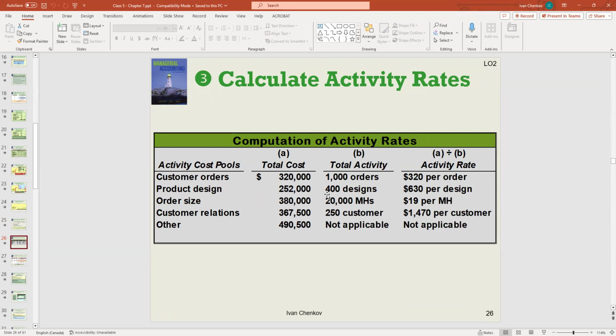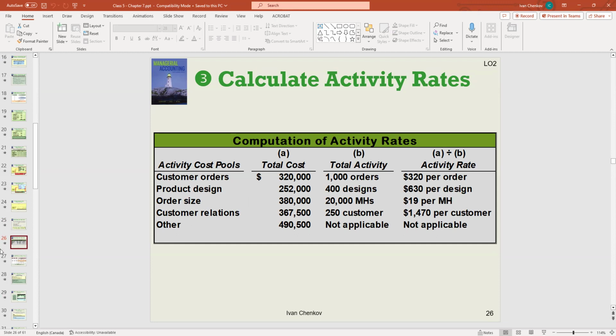Every time we have to do product design, that's going to cost us $630 per design. Order size, based on the machine hours, every machine hour is going to cost us $19. Customer relationship, since we have 250 customers, every customer costs us $1,470. Others are others.